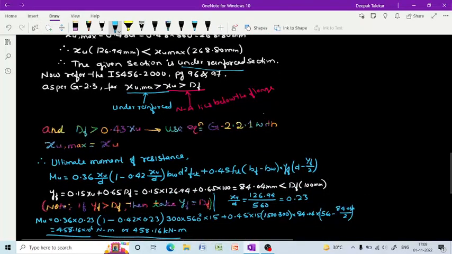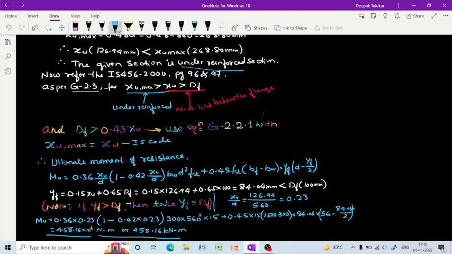So in our case, DF is greater than 0.43 XU, use equation 2.2.1 with XU max equal to XU. This I am not telling, the IS code is telling. You read this condition G 2.3, you will understand. So they say if this is the condition, then instead of XU max, in that place you use XU.